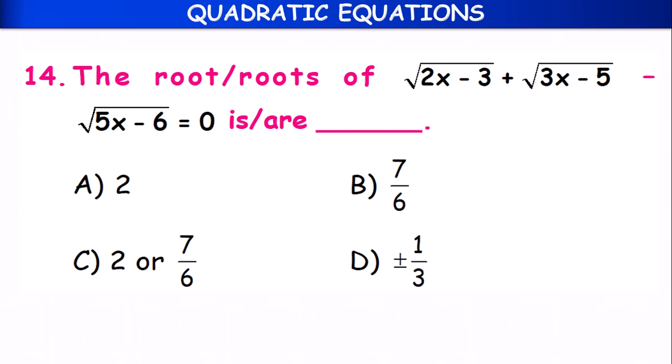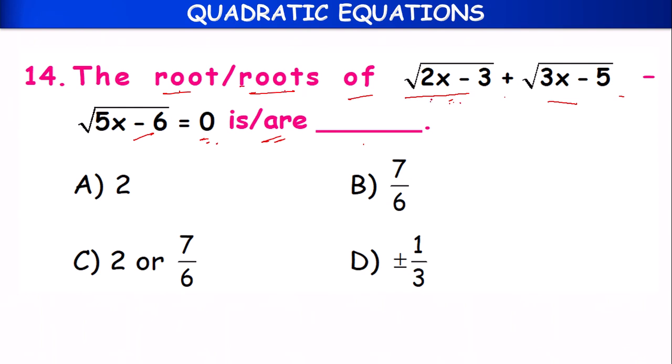So here the question is: the root or roots of root of 2x minus 3 plus root of 3x minus 5 minus root of 5x minus 6 equal to 0 is dash. So they have given one equation, and we have to find the root or roots.